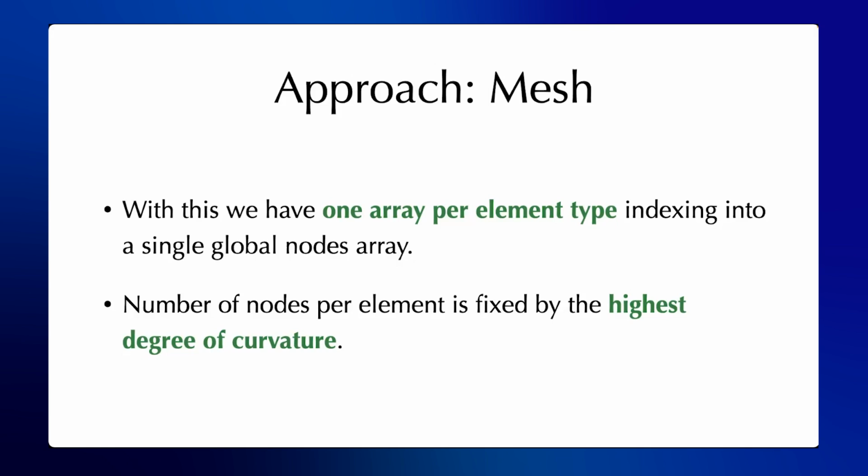Now, you can say this is a little bit wasteful because, well, what if most of my triangles are actually linear? They're not quadratically curved. Yeah, you can play some more games and you can avoid that inefficiency, but it comes with an extra layer of complexity. And given the mesh is only ever read once, we didn't deem this a necessary optimization. If you have a quadratic triangle, just make all of your triangles quadratic as far as the mesh is concerned.